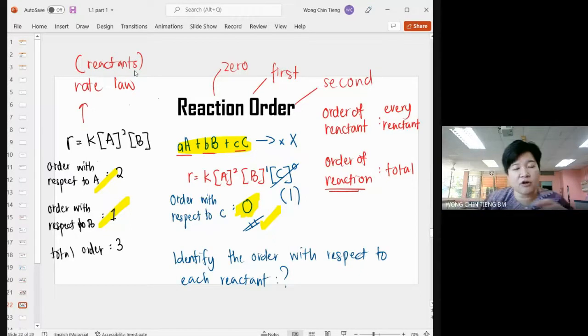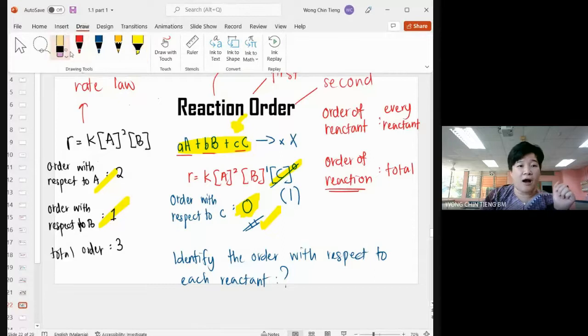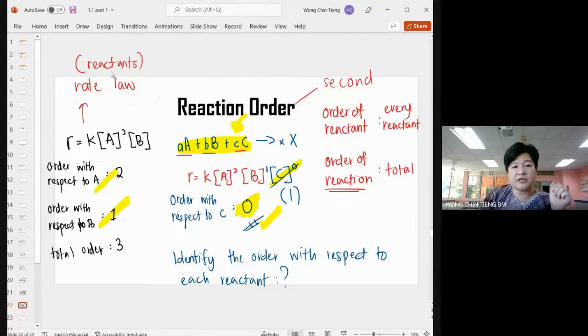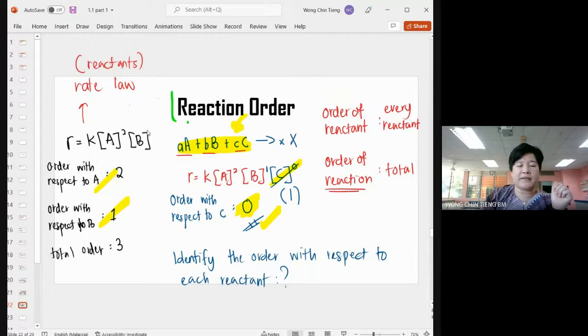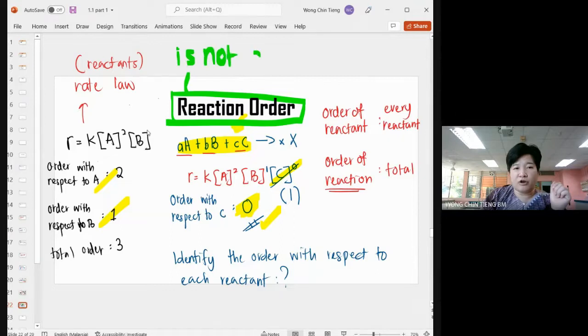First order, second order, third order semua tak pernah jadi masalah. Yang akan jadi masalah adalah 0 order because we can miss it out. So be careful with anything that you don't have. Kita still akan tengok reaction. Kita still kena tengok reaction. Cuma kita tak ambil stoichiometry. Okay? And before we move on from reaction order, before kita bergerak daripada reaction order, just a very big thing, the reaction order is not stoichiometry.